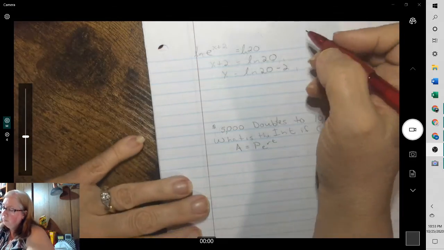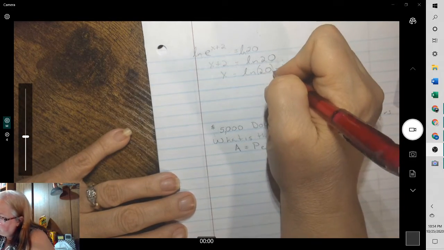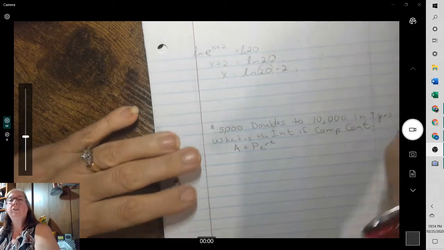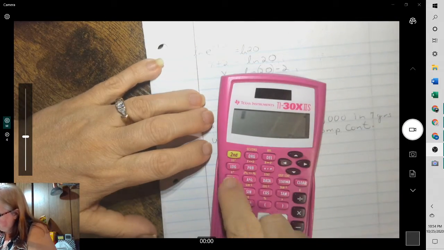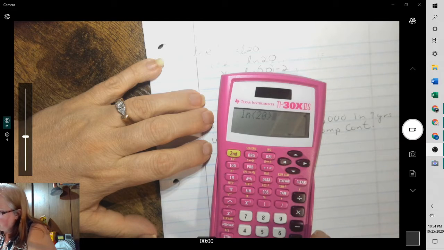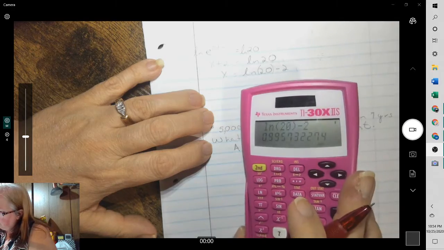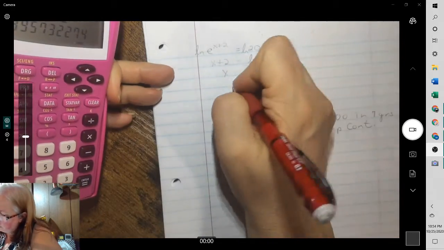What you need to be careful when you enter this one, close the parenthesis before you subtract 2. So we have the natural log of 20 minus 2. 0.996.